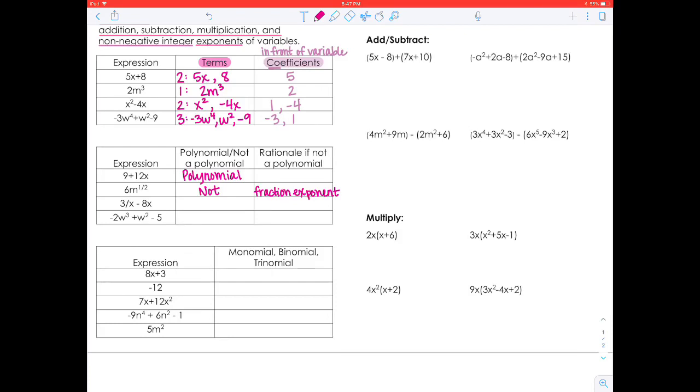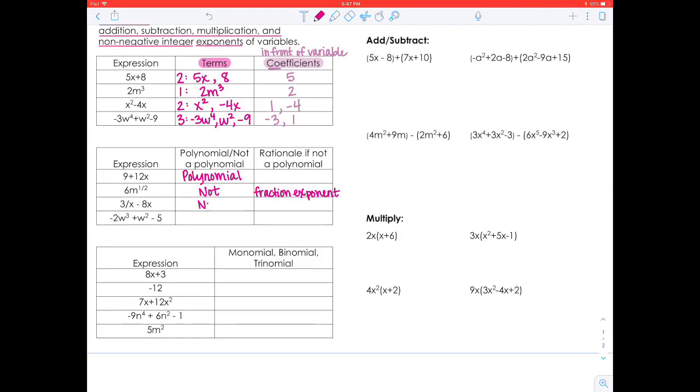So this is not a polynomial. So I'm putting as the reasoning why that we've got a variable in the denominator.